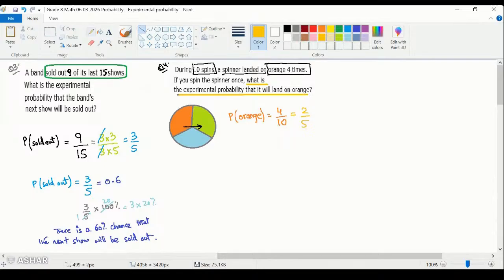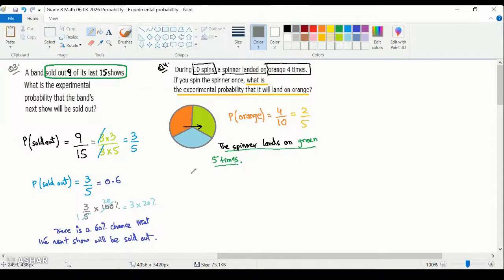Okay. The second information given to us is the spinner lands on green 5 times. Okay, the spinner lands on green 5 times.